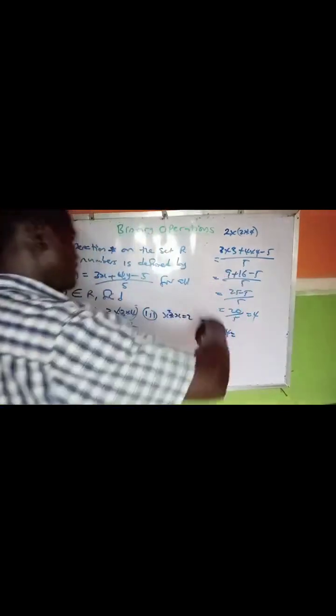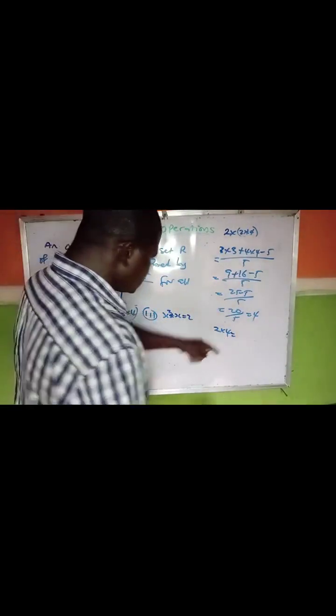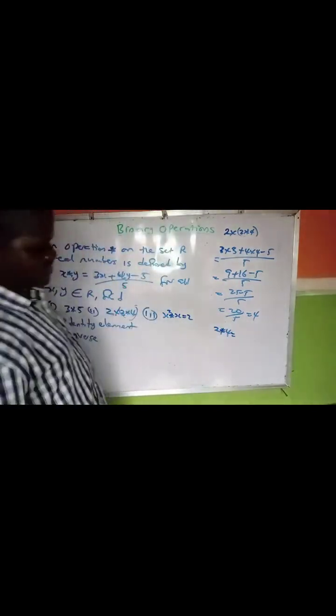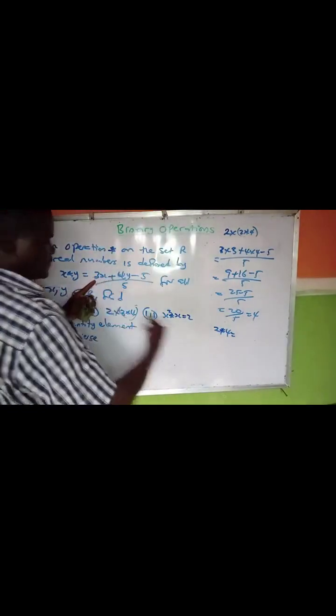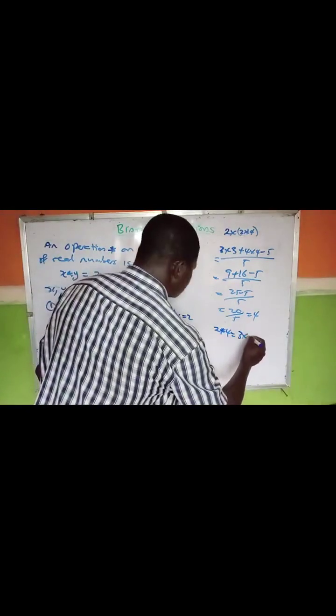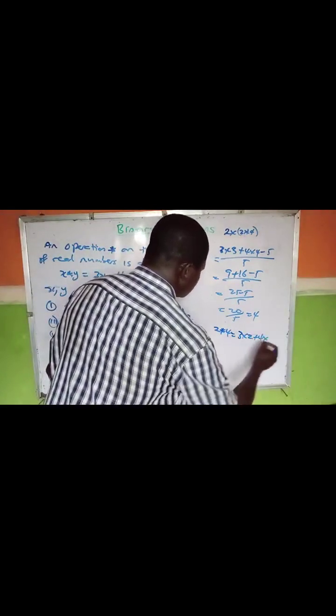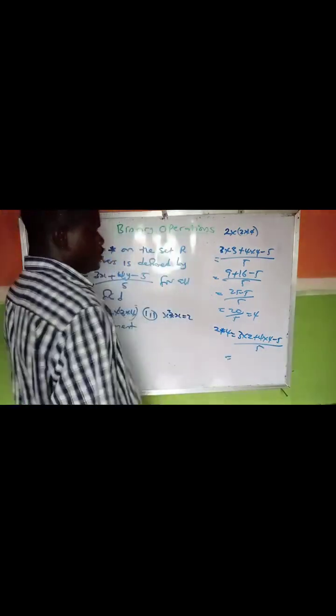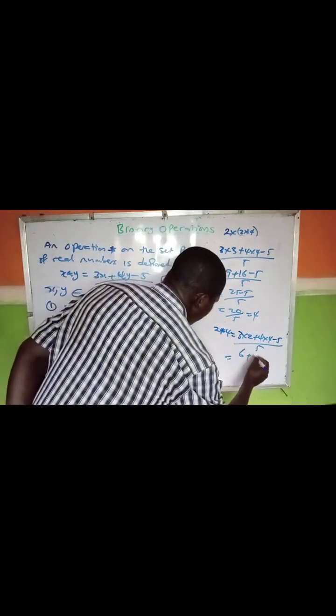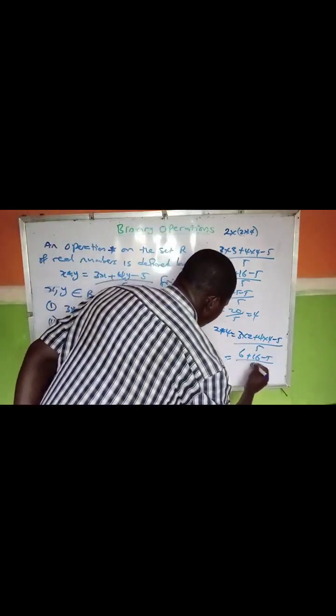Then you will go again by substituting this one. This is not times, so it's asterisk. So again, you go a second time for this. You will have 3 times 2 plus 4 times 4, minus 5, over 5. So what do you have here? 6 plus 16 minus 5 over 5.